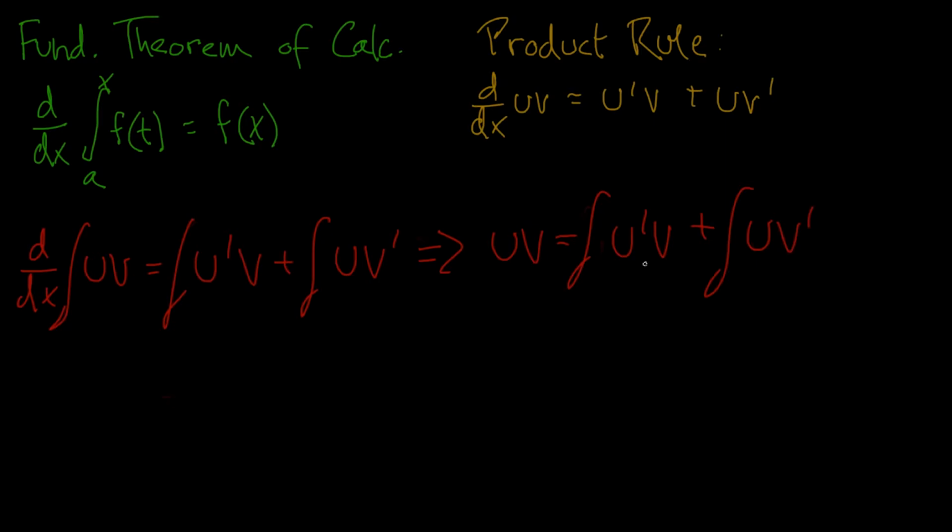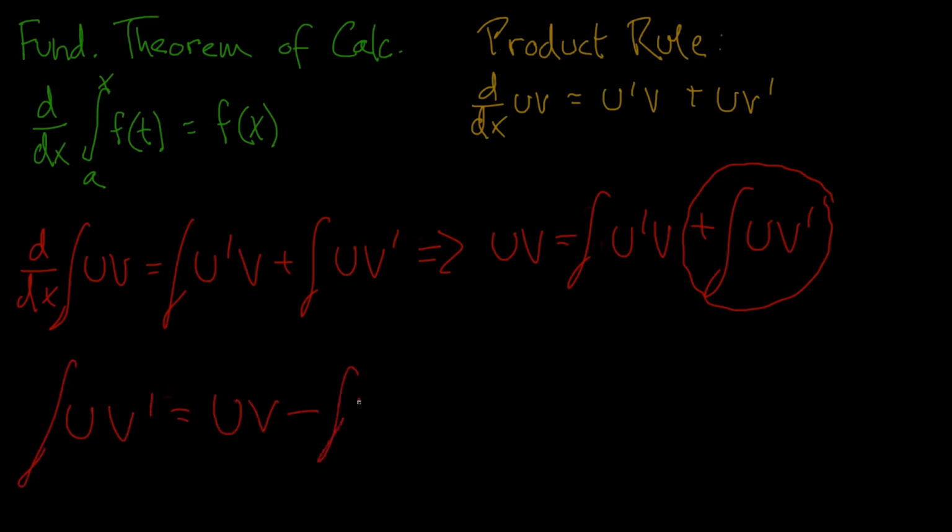And then I can rearrange the equation to be in terms of the integral of u dv, writing it as so, right? All I did was leave this on one side and subtract this integral to the other side, and now we have the integration by parts rule. It's very simple, very straightforward.